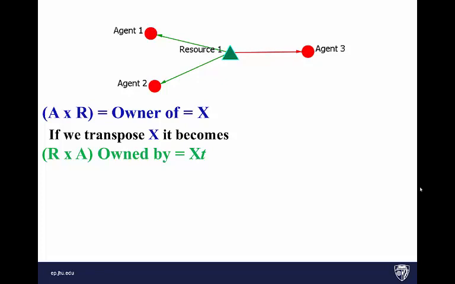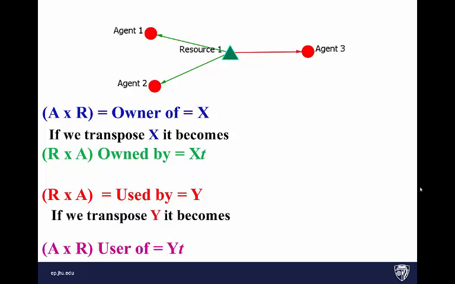Remember that taking the transpose reverses the arrow in a network. Used by is also a resource by agent, but what I'd like to illustrate here is that the information in Y is not the same as the information in X transpose. You can see that they become very different.